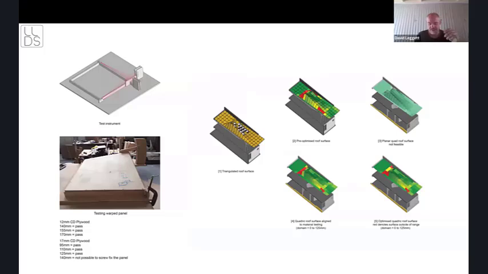Another tricky detail for the roof was the deck, because this sits on the beams. And we tested, because we wanted a birch ply soffit to go with the birch ply beams. So we tested a 12 mil sheet of ply to see how far we can actually bend it into a doubly curved surface.